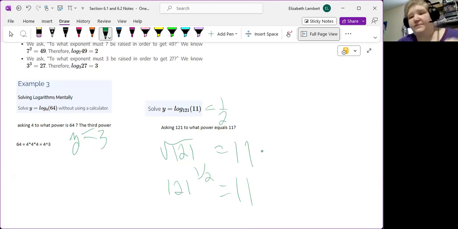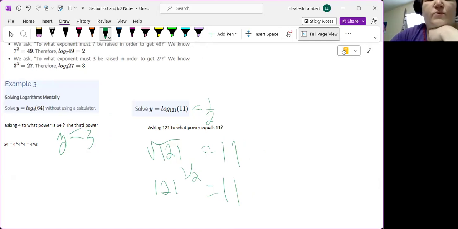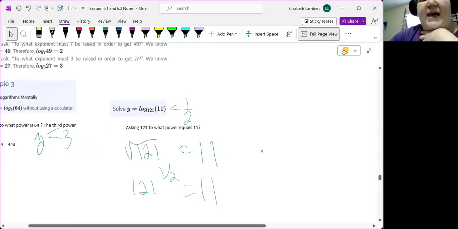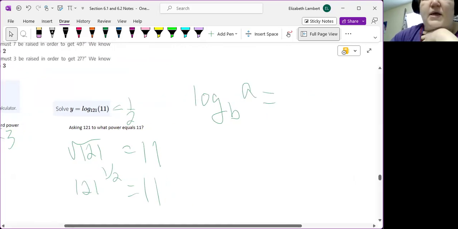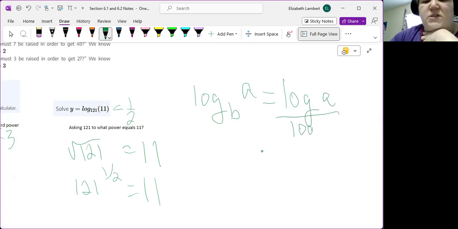There are ways to type this on the calculator. It involves using a formula called the change of base formula. So I'm going to go ahead and write that here. So log base b of a for any b can also be calculated using log of a divided by log of b, which this is common log, so it's log base 10.